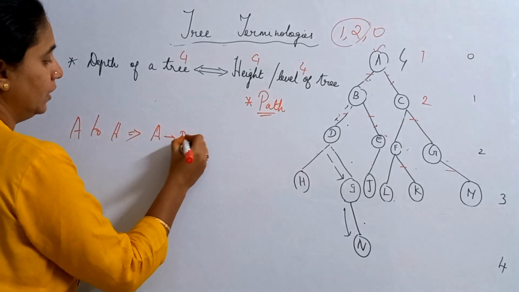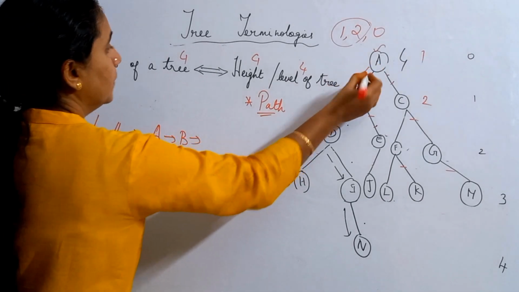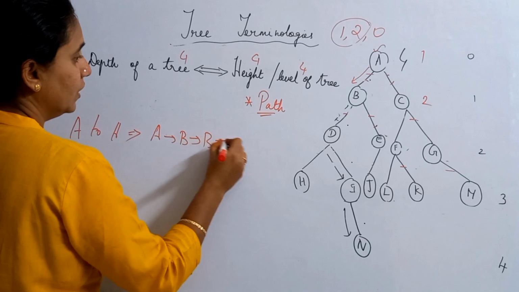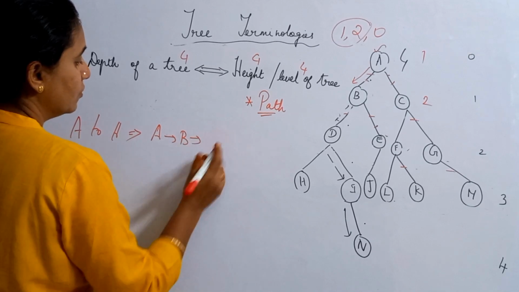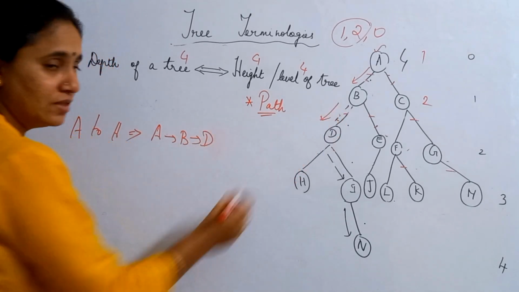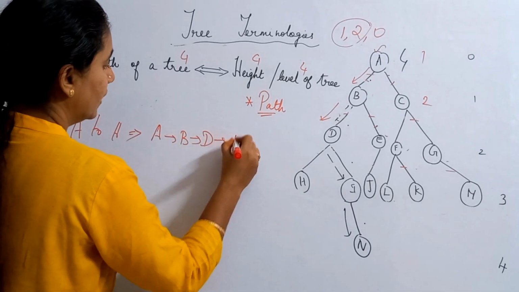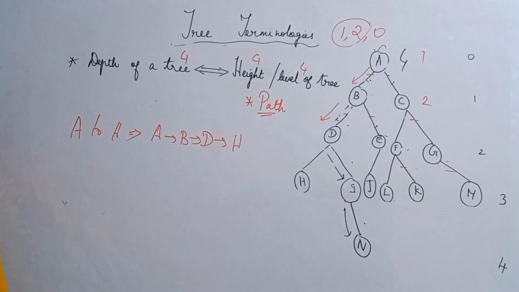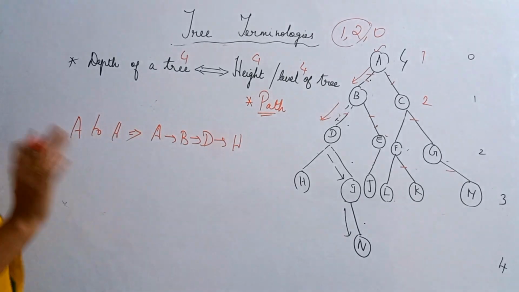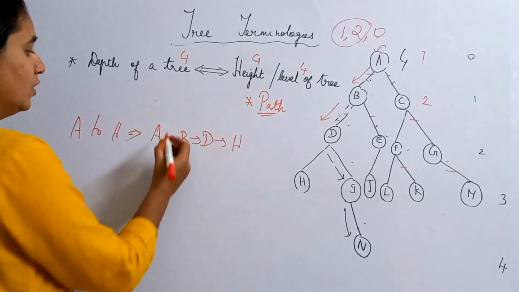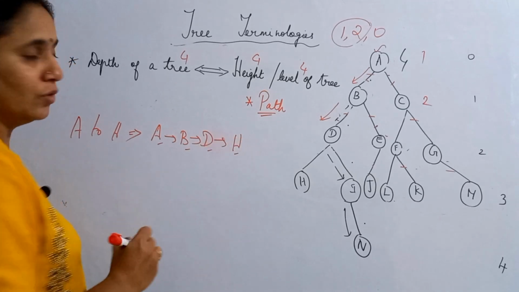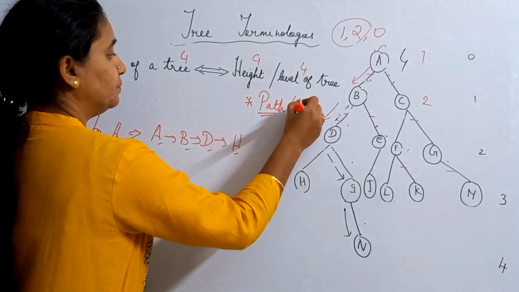A to B, isn't it? Then B to D, then H. Can you understand? So this is the path present between A and H. The total number of nodes present is 1, 2, 3 and 4. So the path value is 4.